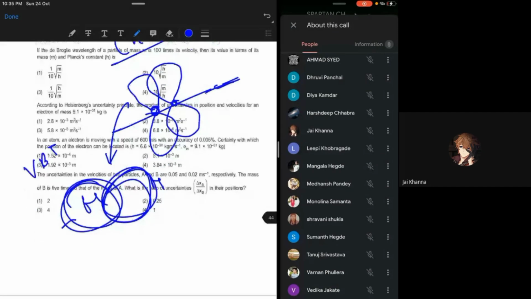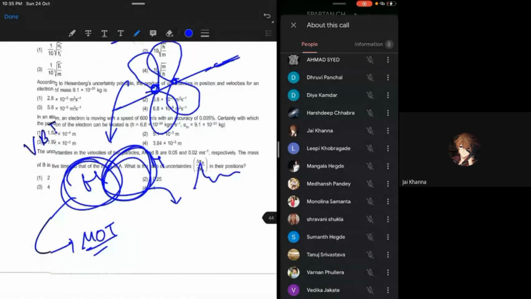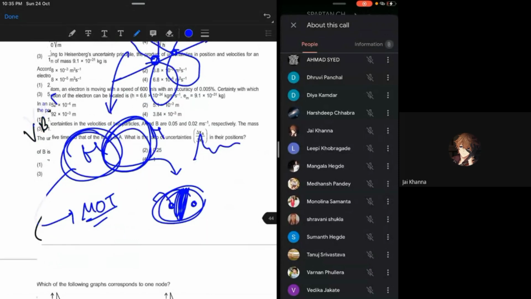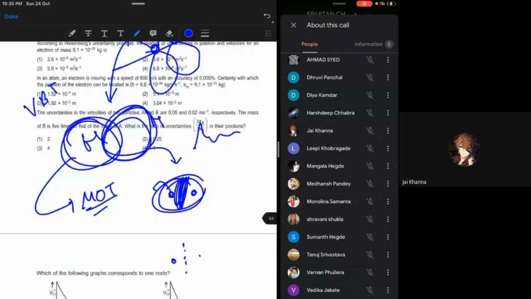Then finally comes MOT, molecular orbital theory, which then again tells you that if there is a constructive interference, because electron is what? It is a wave, right? If there is constructive interference, then electron density will be more between the nuclei. If there is destructive interference, there will be a node. And this will be the molecular orbital. We'll come to that anyways.